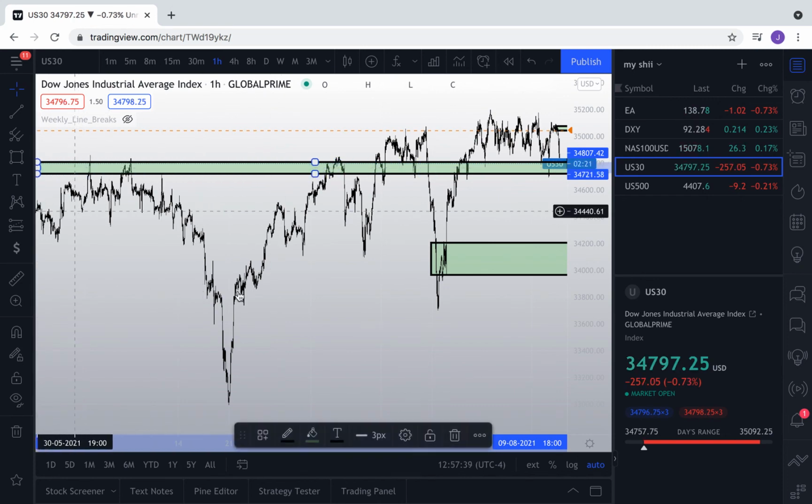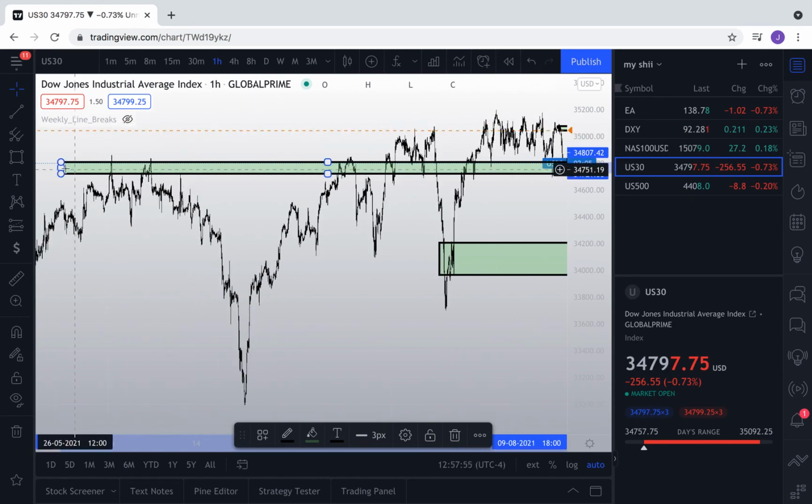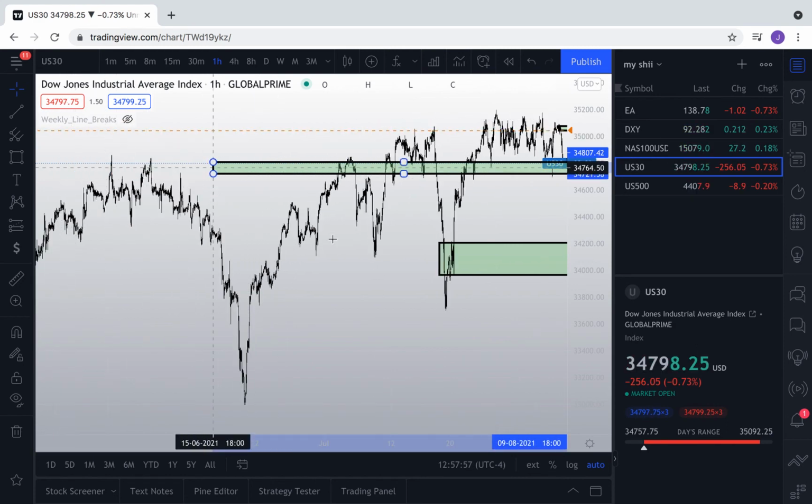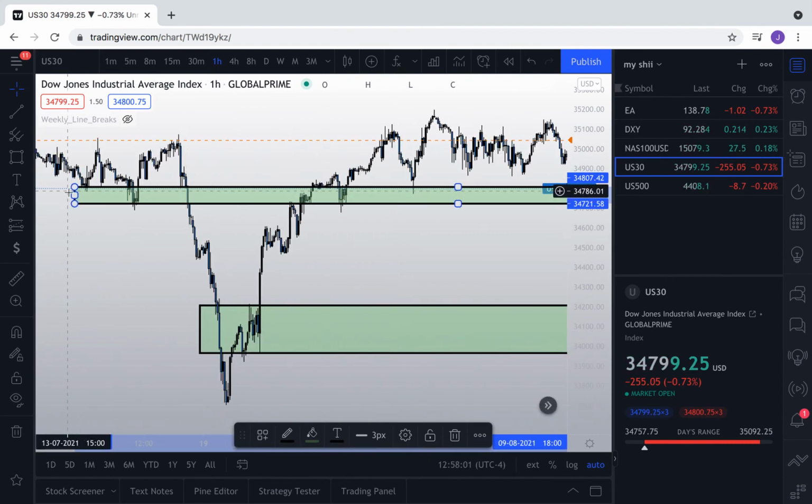See that? Market can't stay away from this area, and got a 34,750 right there, quarter point level, and a 34,800 right there. But essentially, how I look at it is just an OB.